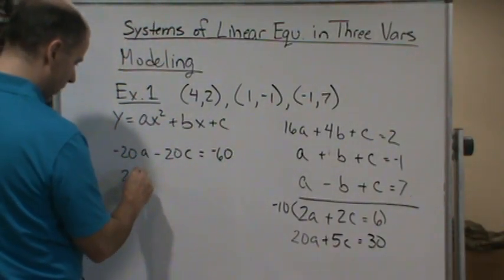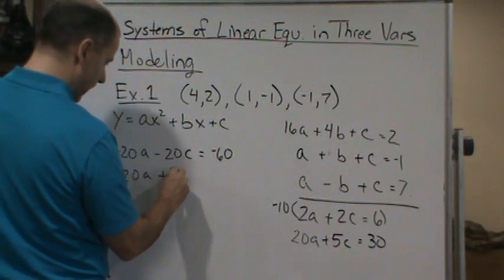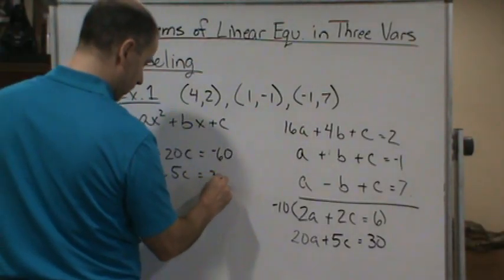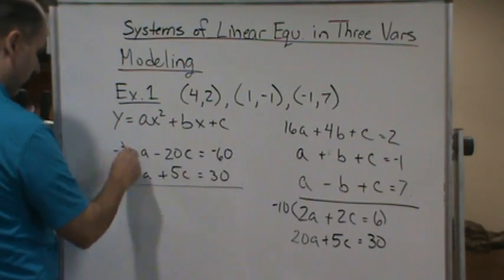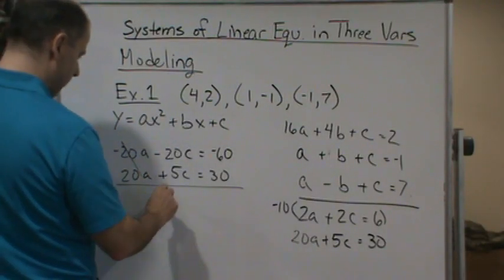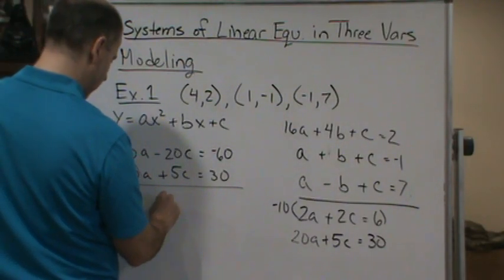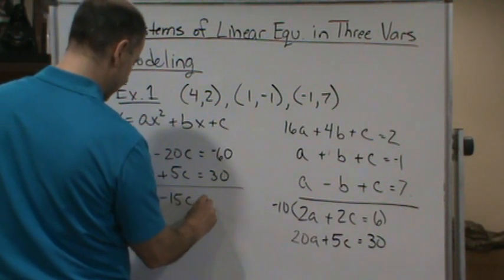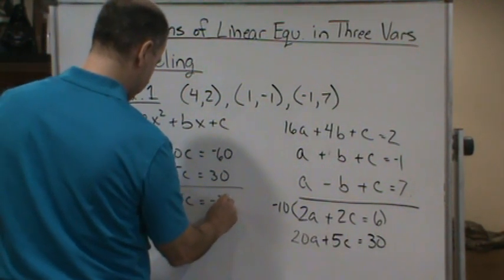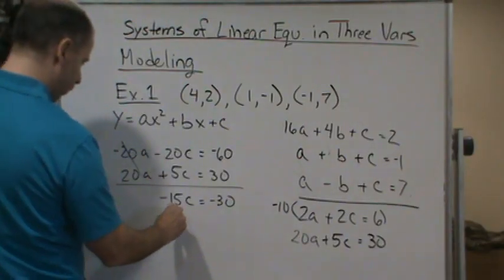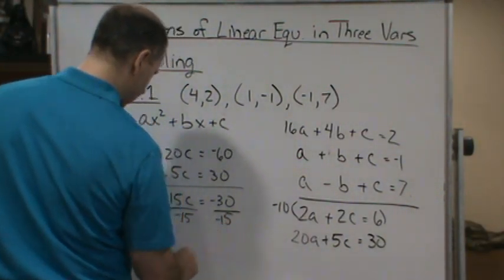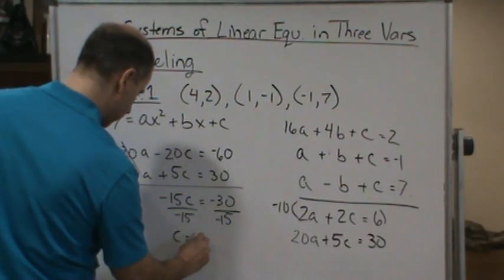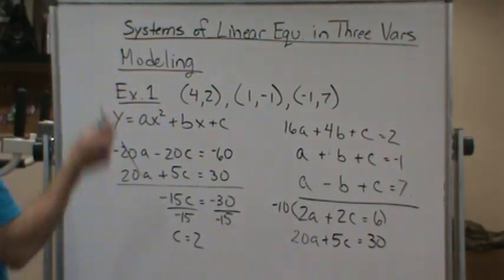And then I have 20a plus 5c is equal to 30. Now if I add those two, the a's go away, and I end up with negative 15c is equal to negative 30. When I divide both sides by negative 15, I get c is equal to 2. All right, so I found one.